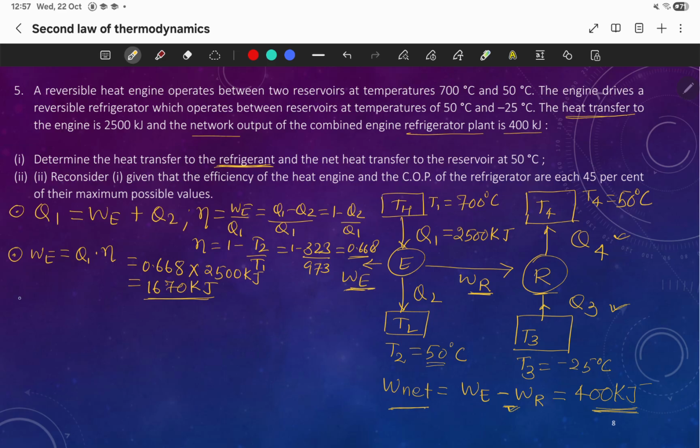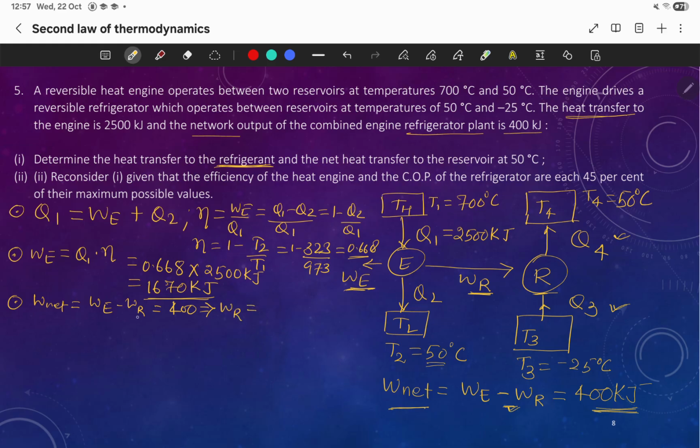Now we know that W net is WE minus WR equals 400. So from here, can you tell me what will be the value of WR?